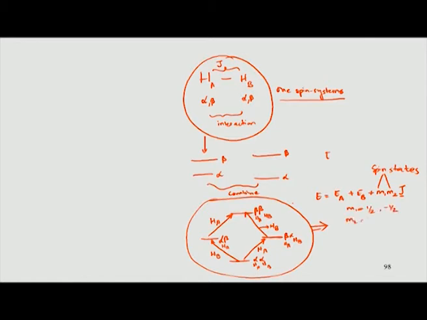M2 can be equal to half or it can be minus half. So, there are 4 possibilities: half half, half minus half, minus half half, and minus half plus half. This is what is shown here. Here it is half half, in this case it is minus half plus half, in this case it is minus half, and in this case it is plus half minus half.